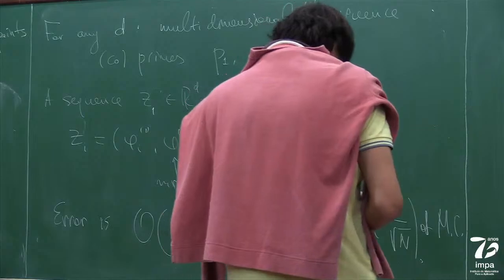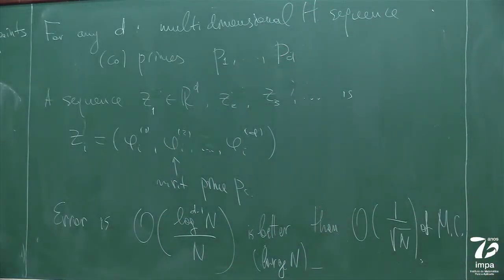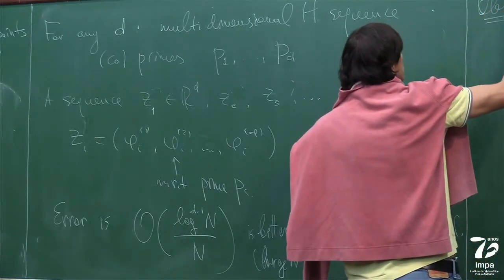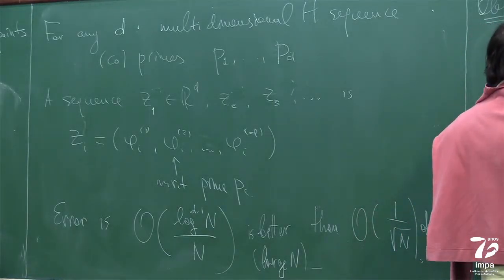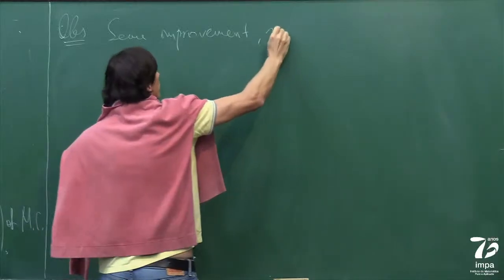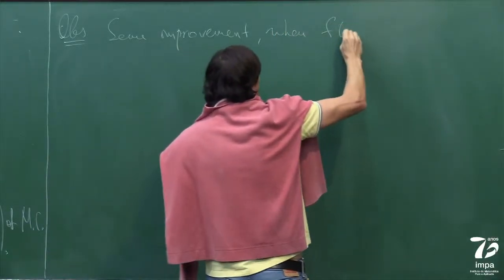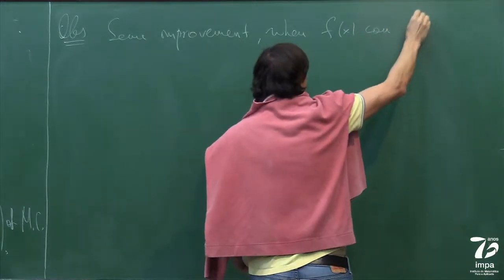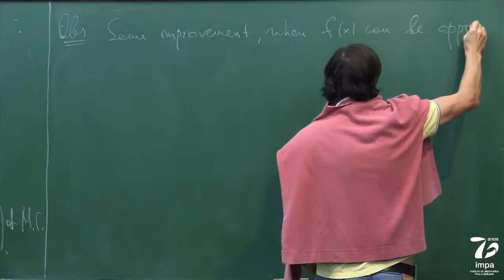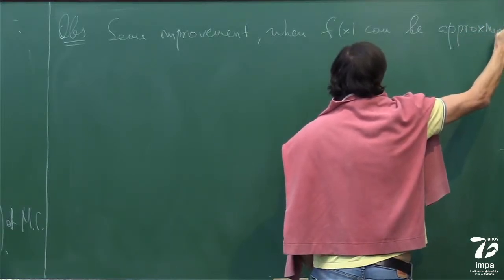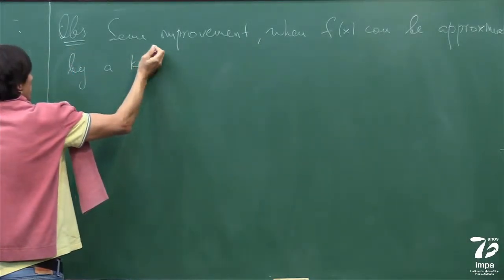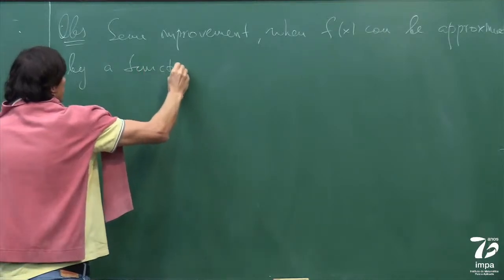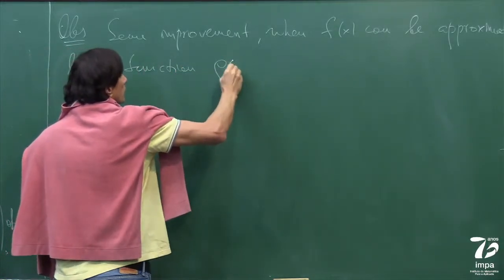Okay, so what I wanted to say. Sometimes you can make a small observation, some improvement, when f of x can be approximated by a known function rho of x.